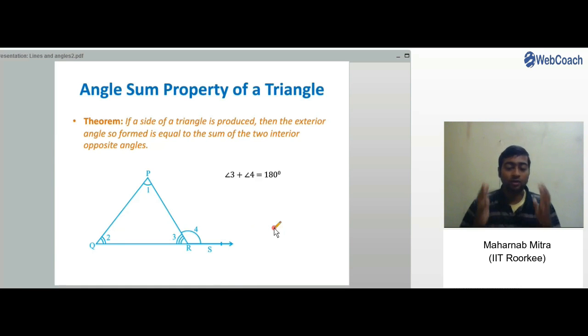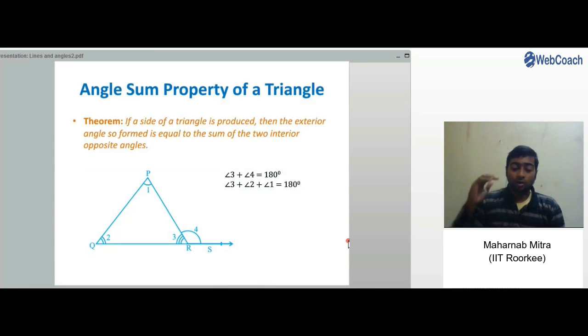They are lying on the same straight line. So these two angles must add up to 180 degrees. And we also know from the earlier theorem that all the angles of a triangle must add up to 180 degrees also. Angle 3 plus angle 2 plus angle 1 must also add up to 180 degrees.